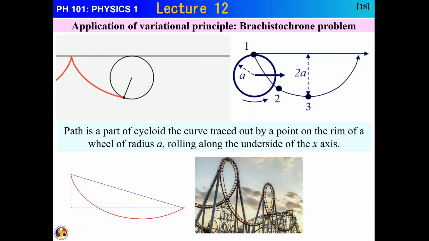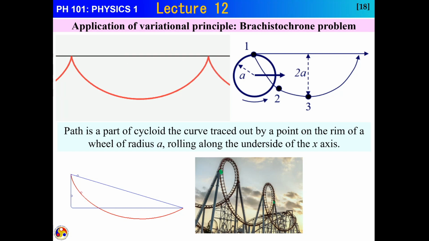So you have three different paths. If you release the particles from all three, you see which one reaches faster. The red one reaches faster, and that is how your roller coaster is designed in this shape, so that when you release the roller coaster from here, it reaches this point in the shortest time to give you maximum excitement.